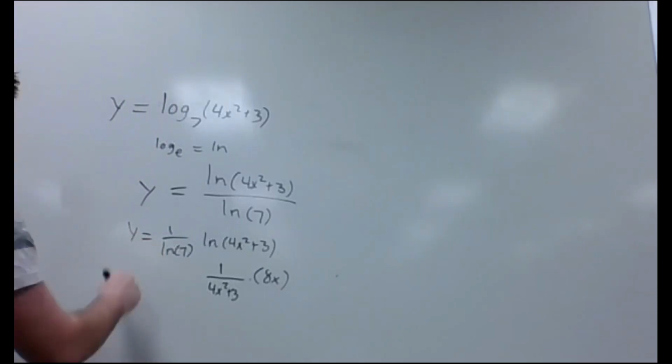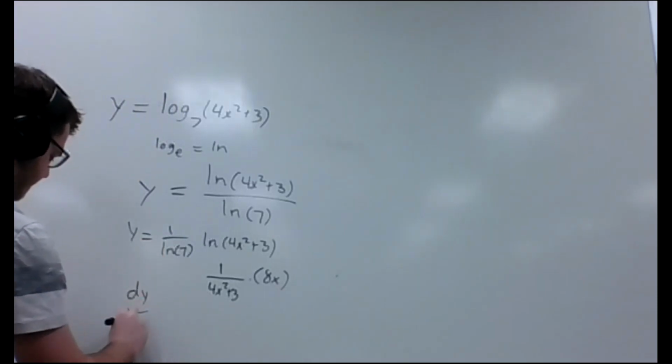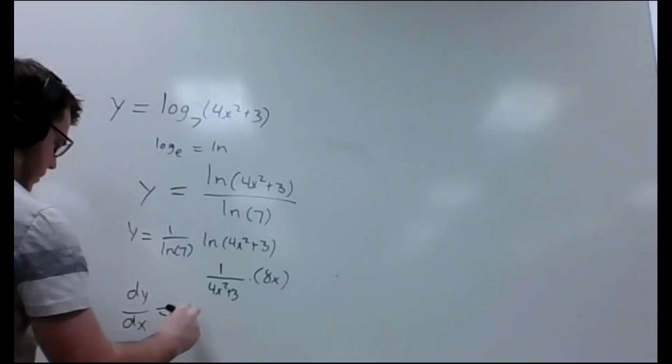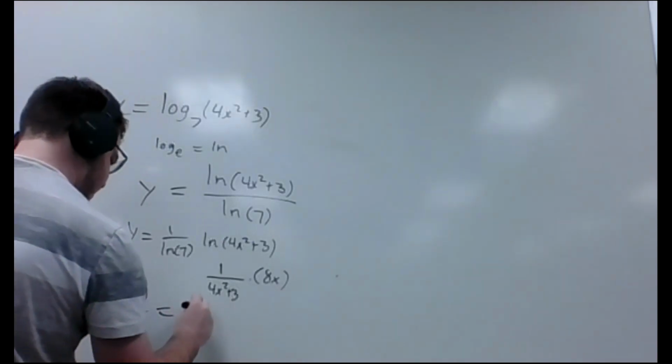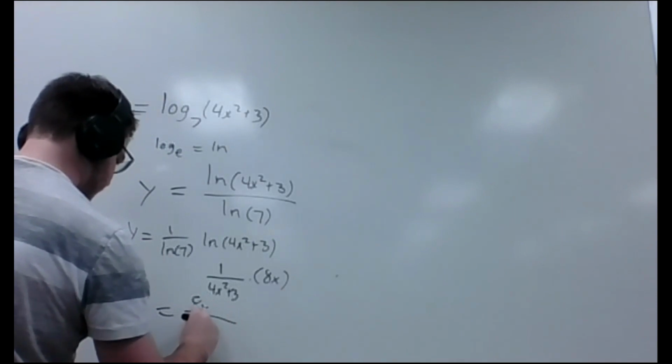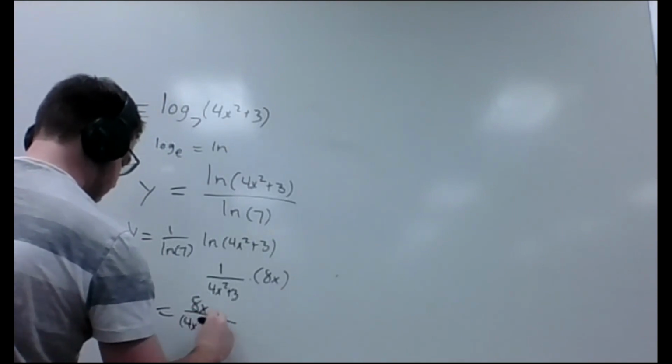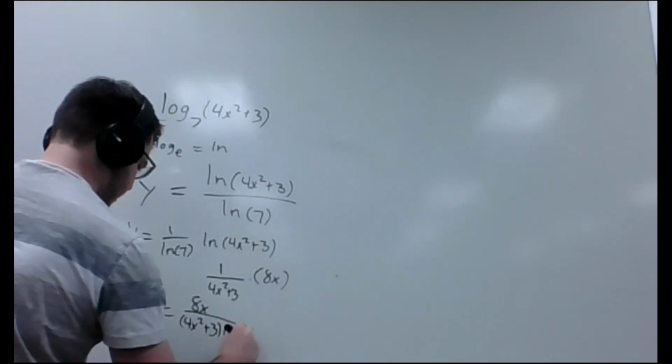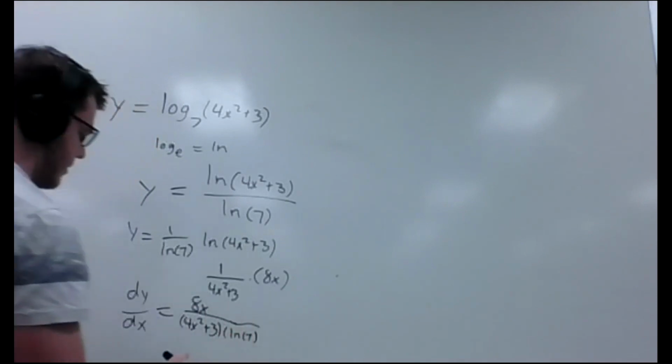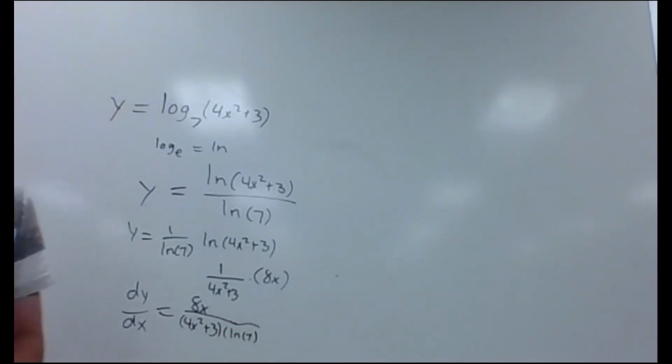So then our derivative would be 8x over 4x squared plus 3 times the ln of 7. That makes sense, what we did there?